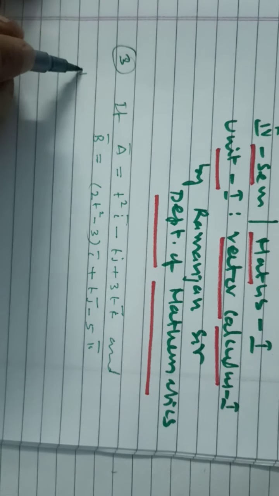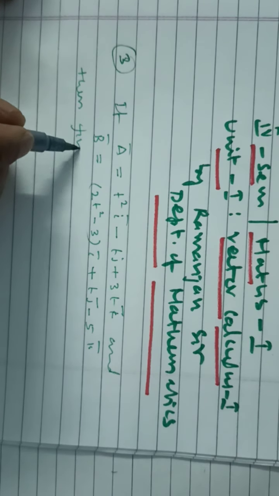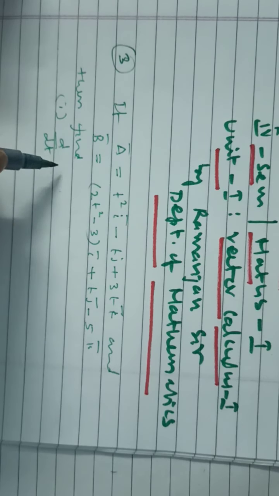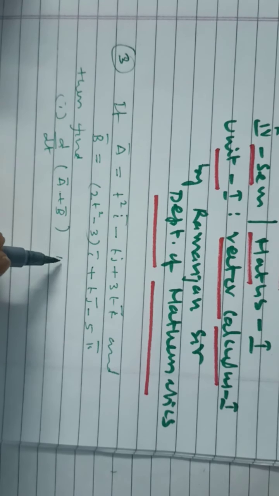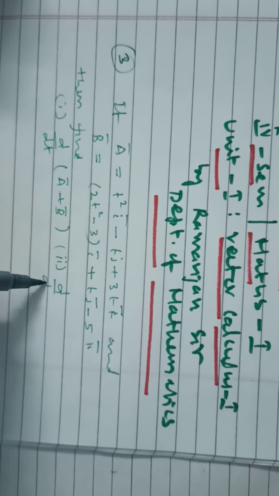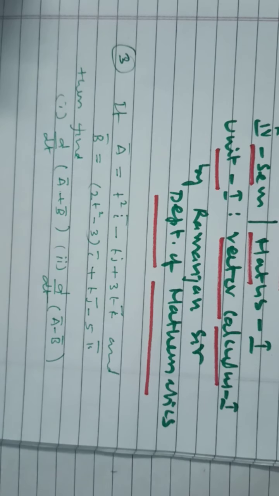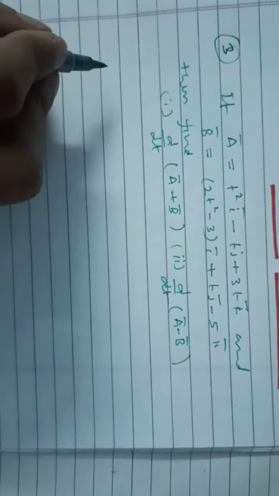Then find first one, d by dt of a bar plus b bar. Second one, d by dt of a bar minus b bar. Next, solution.